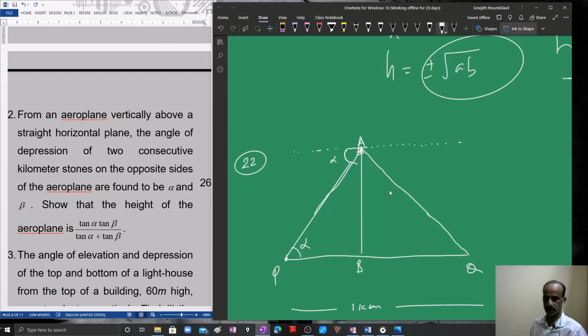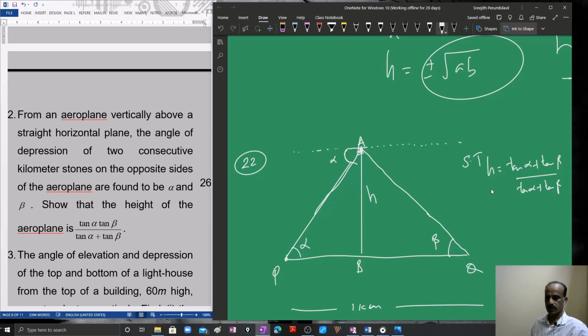This is found to be beta, that means this is beta. Show that the height of the aeroplane, let the height be h. I have to show that the height is equal to tan alpha tan beta divided by tan alpha plus tan beta. This is the question.